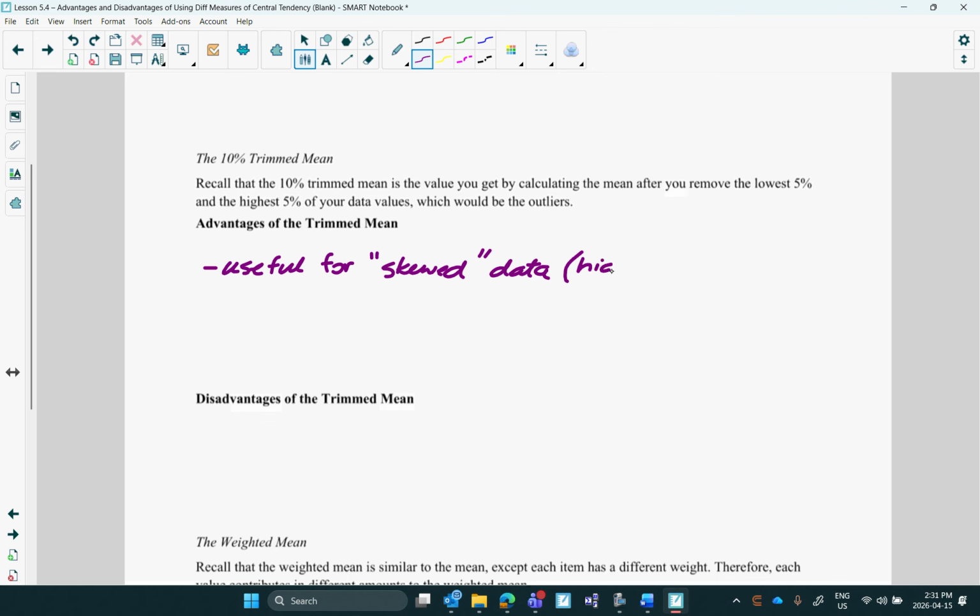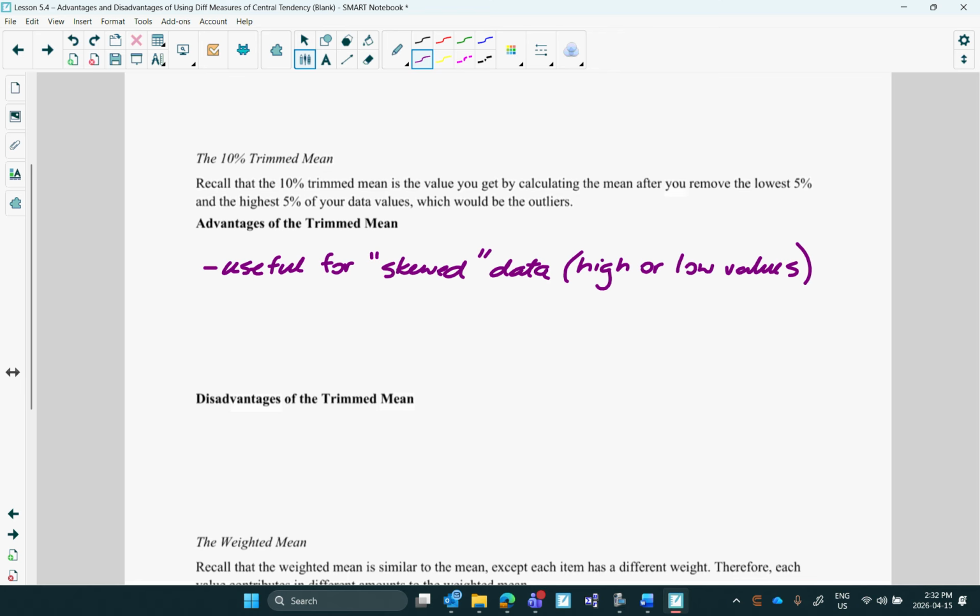By that, I mean high or low values, because we trim them away when we have that skewed data, stuff above, stuff below.